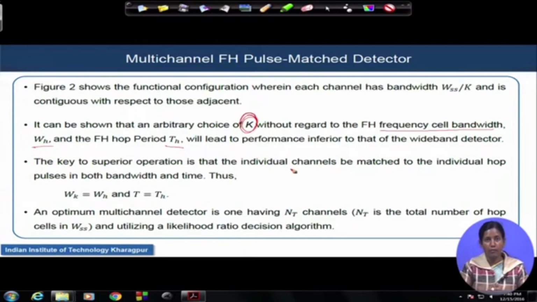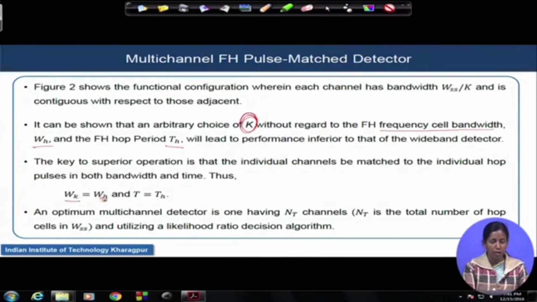The effective performance of the detector will be inferior to that of a wideband radiometer. The key to superior operation over the wideband radiometer is that the individual channels must be matched to the hopping bandwidth, that means the individual channel bandwidth Wk.